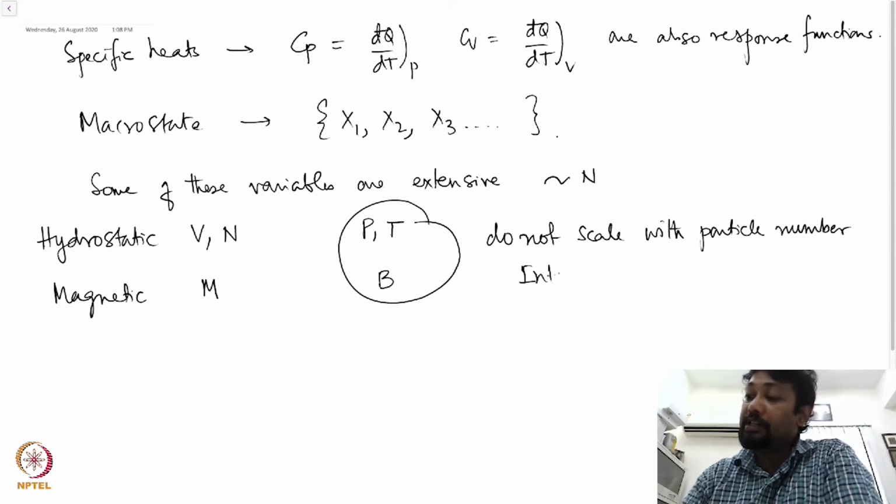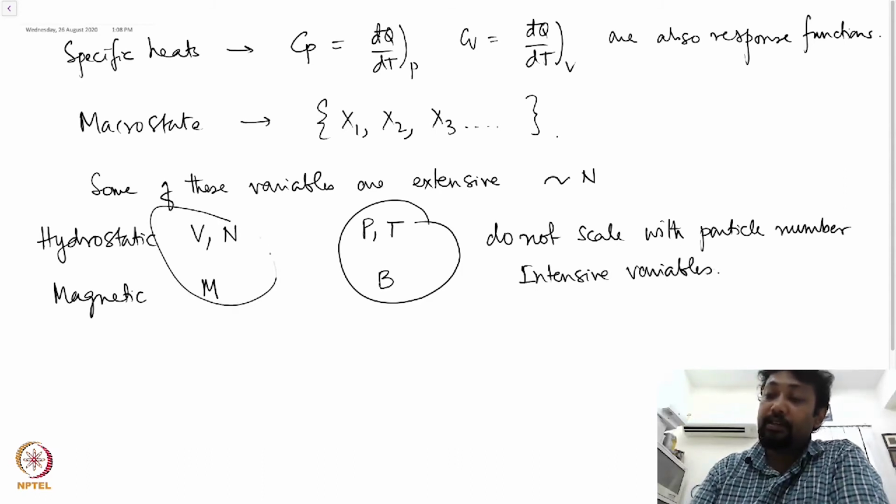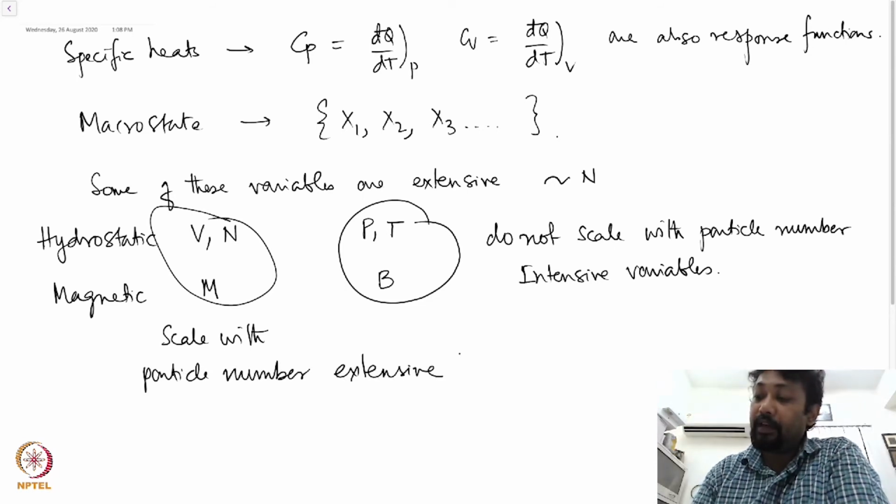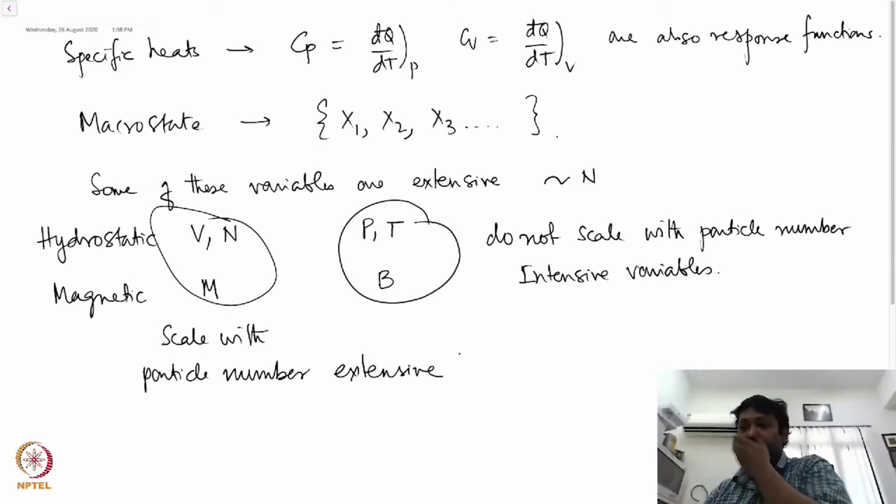These are called intensive variables. And those which scale with particle number are called extensive variables.